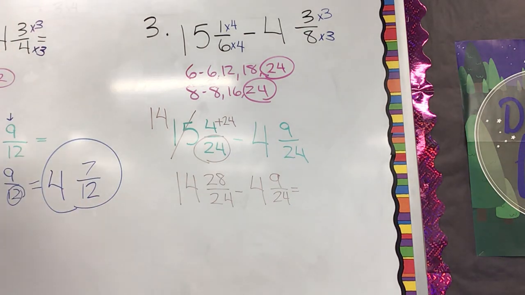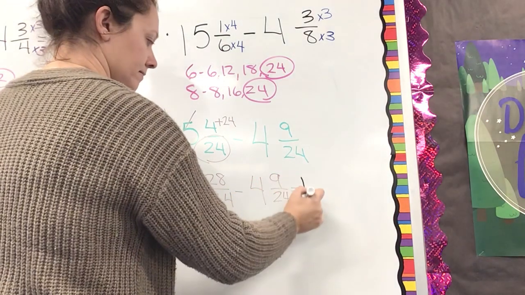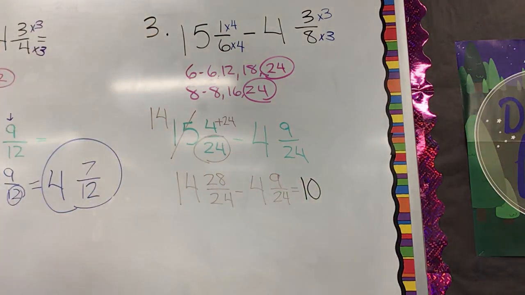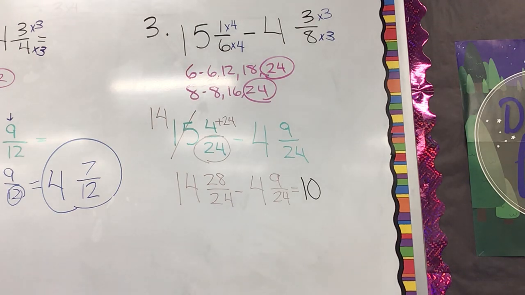So now 14 minus 4 is 10. And then you can go ahead and look at your fraction part. So 28 minus 9.